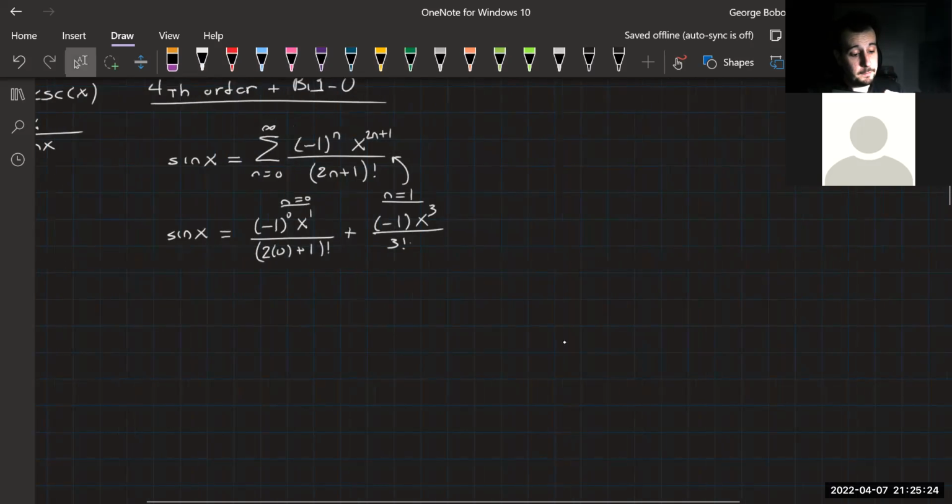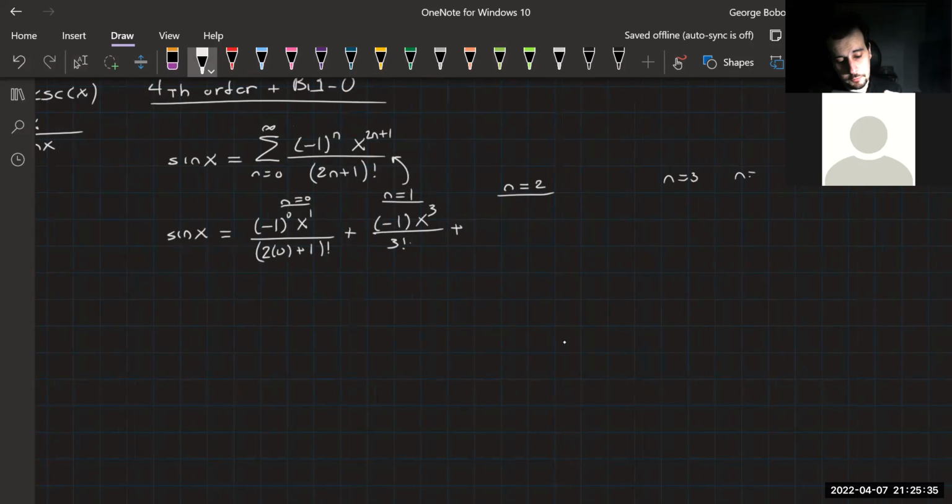That's the second one. And you keep on doing that till we reach the 4th order. So n equals 2, n equals 3, n equals 4.